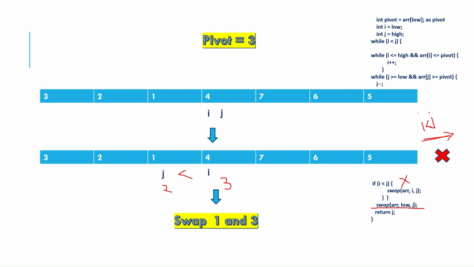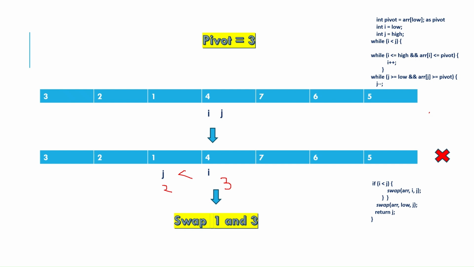Now I am going to explain what exactly this meant to be here. Let me erase this. You understand what I meant to say? What I meant to say is that j should not cross i.